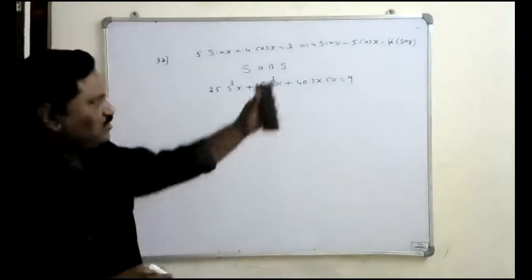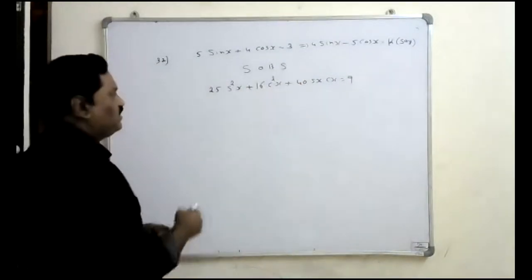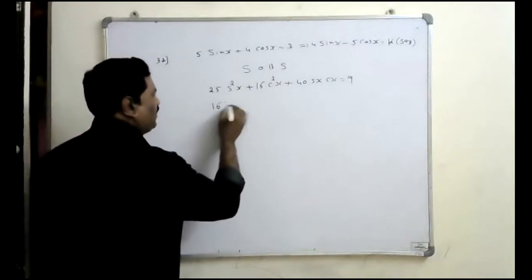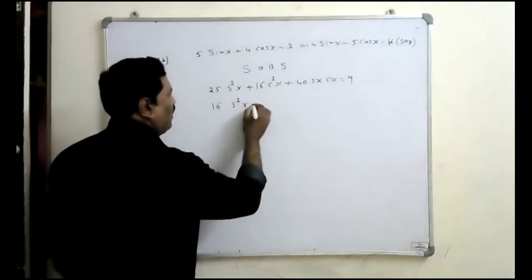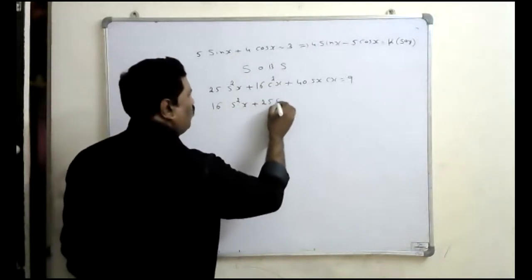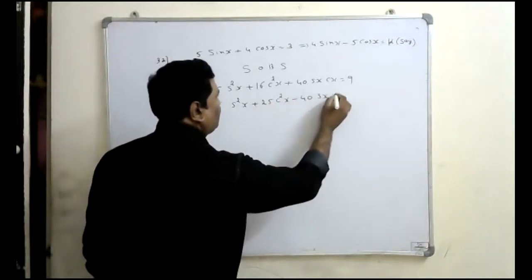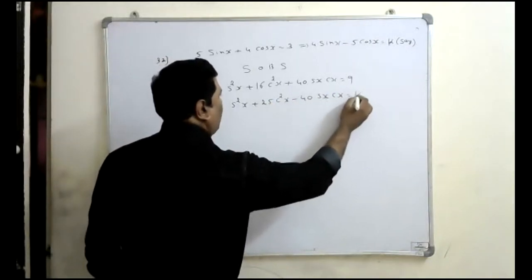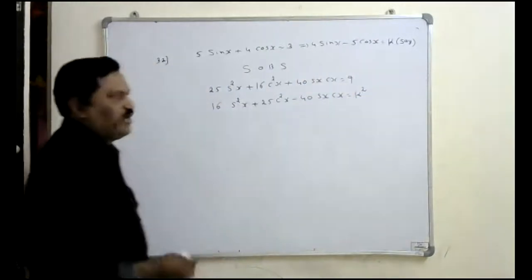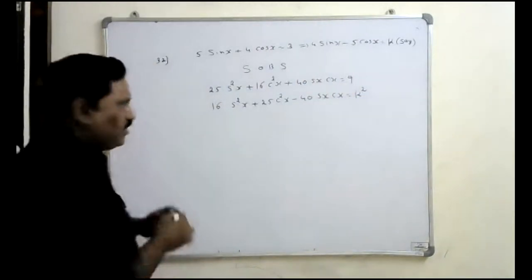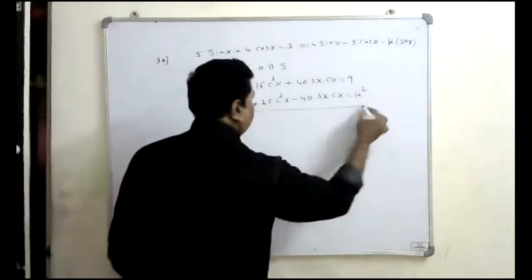Similarly, square the second equation also on both the sides. If you square it, that is 16 sin square x plus 25 cos square x minus 40 sin x cos x is equal to k square. So we square it on both the sides and we expand them. Now we will add them.